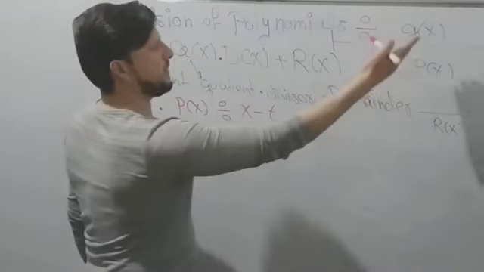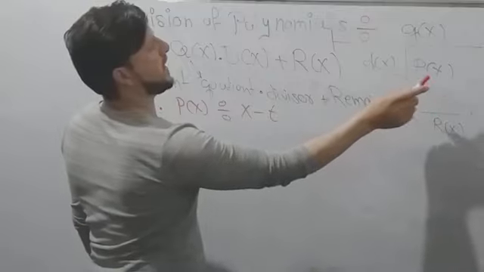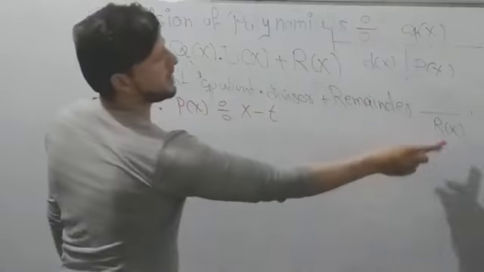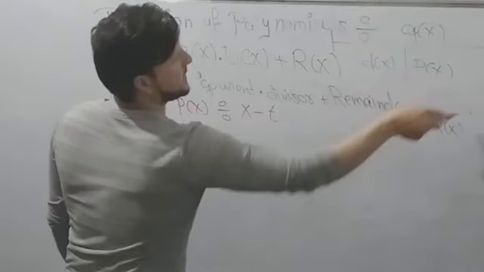So if you divide a polynomial p(x) over d(x), the quotient will be q(x) and the remainder will be r(x). You can write it in this method.